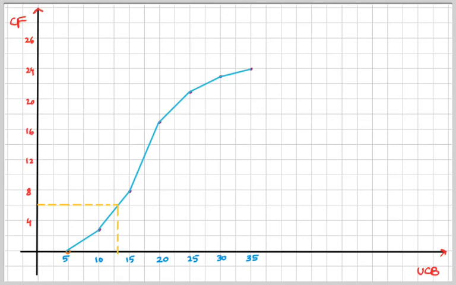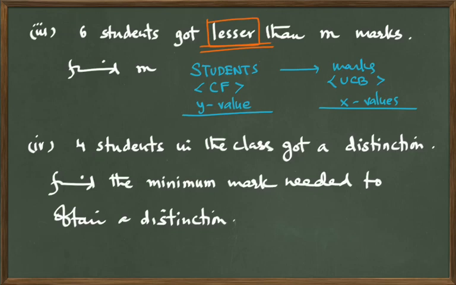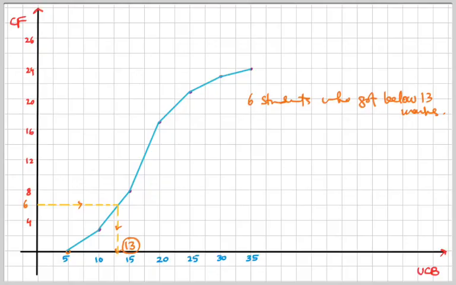So I'm labeling over here 6, and this value comes out to be 13. That means there were 6 students who got below 13 marks. So the value of M is 13. Is this clear? It's a direct reading because of the word lesser.